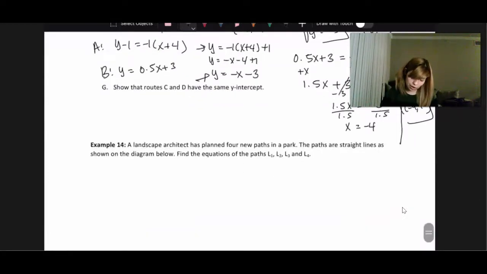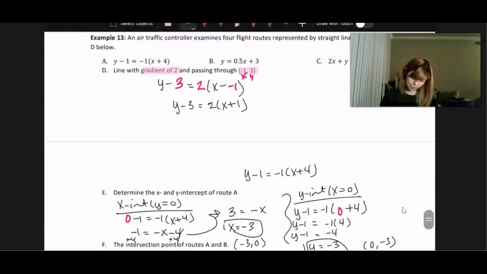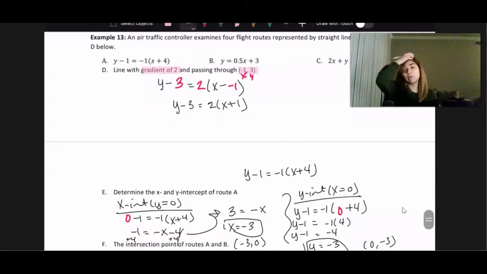You could also, which might be easier, use the fact that y-intercepts are where x equals 0. You could plug in 0 for x and then find your y-intercept that way. So those are two options. Either change the form of both of them to gradient-intercept form to show that they have the same b-value, or what I think I'm going to do is the second way, which is just find the y-intercept of both of them.